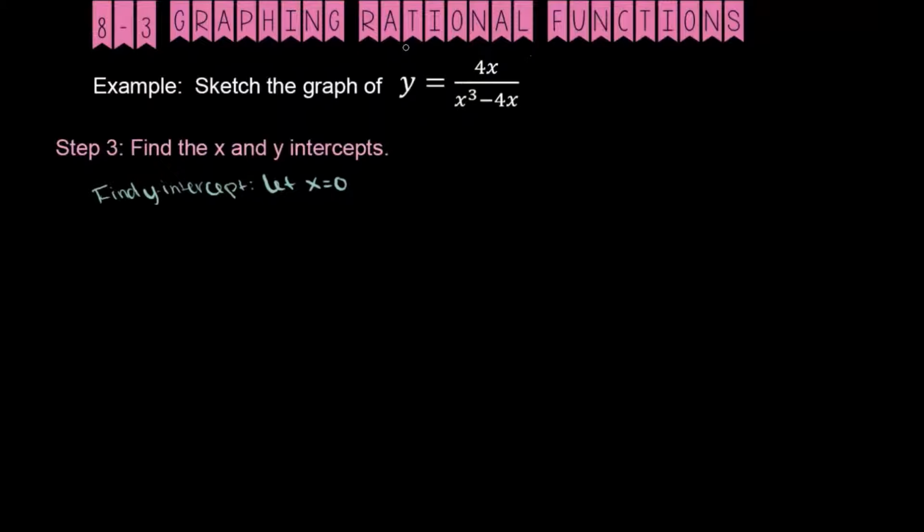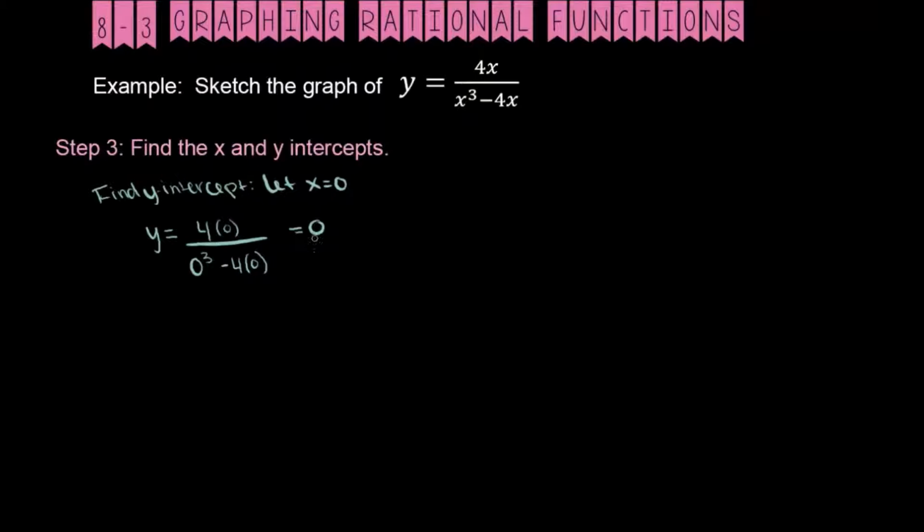So I'm going to take this equation here and let all the x's be 0. So I get y equals 4 times 0 over 0 cubed minus 4 times 0. So I get a big fat 0.